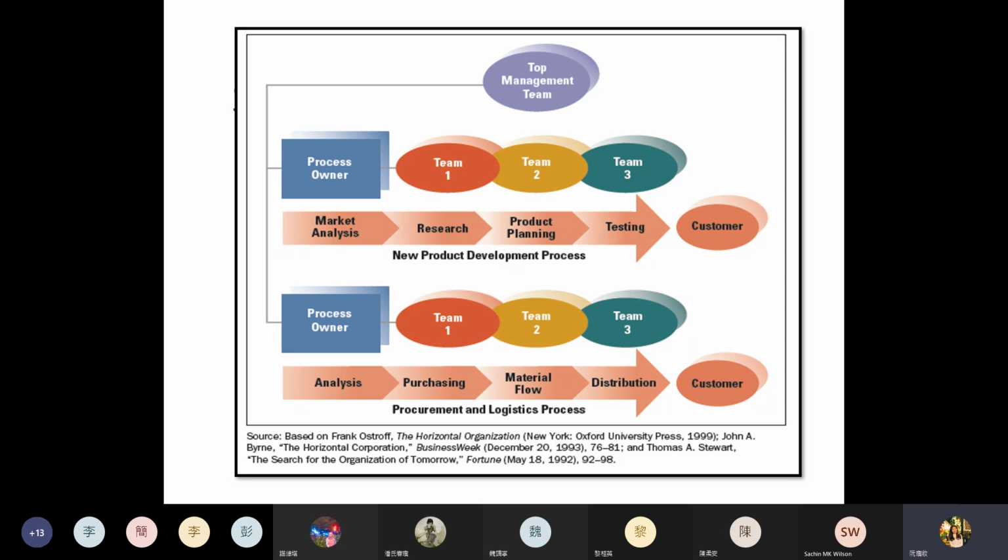For example, you can see that we have different teams for each process, and each team is in charge of different tasks or activities that contribute to the whole performance or operation of the process. And you can see that for each process, the purpose is to finally deliver value to their customer.